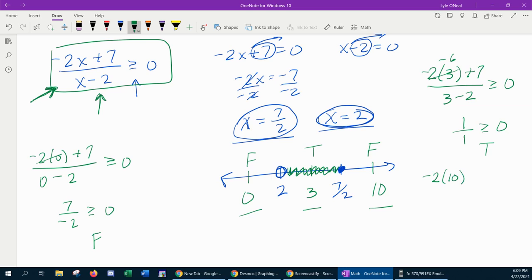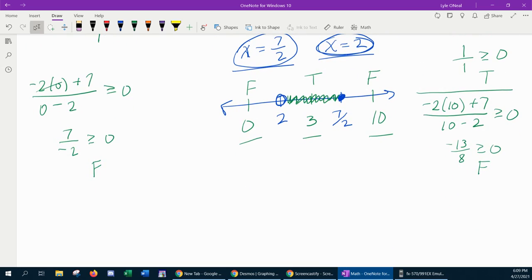Negative 2 times 10 plus 7 all over 10 minus 2, is that greater than or equal to 0? Well, negative 20 plus 7 is negative 13. 10 minus 2 is 8. Negative over a positive makes a negative. Negative numbers are not greater than or equal to 0. So that is indeed false.